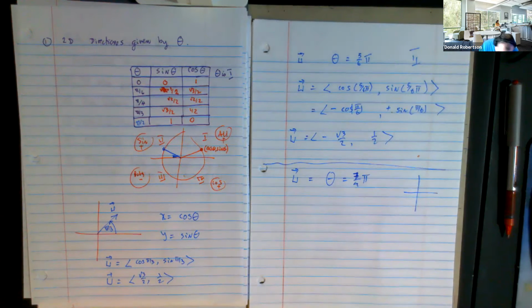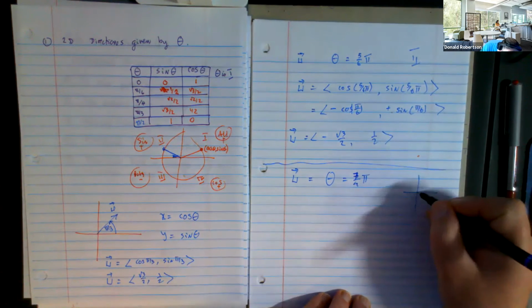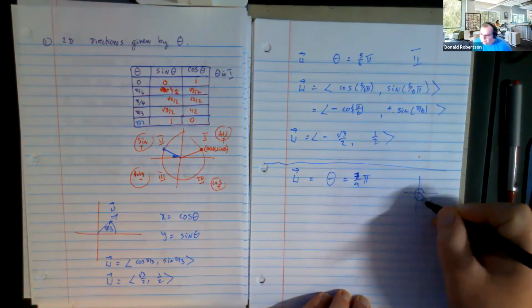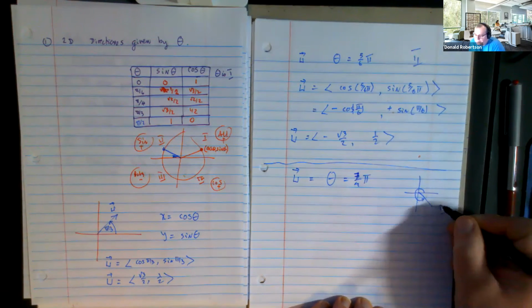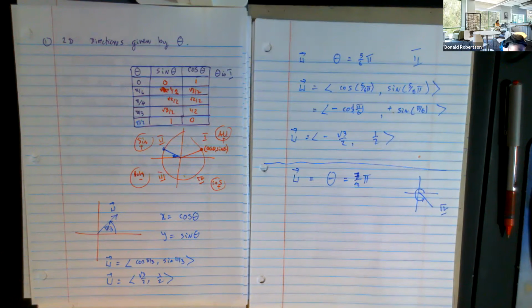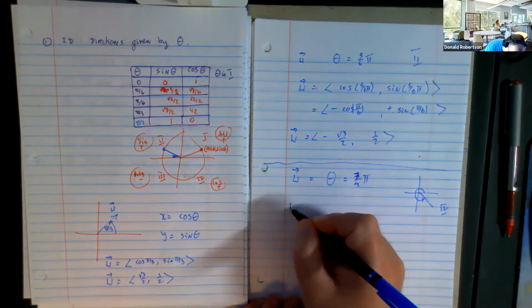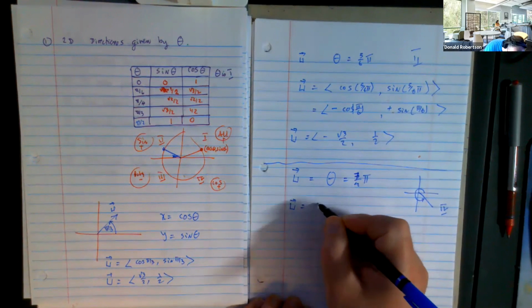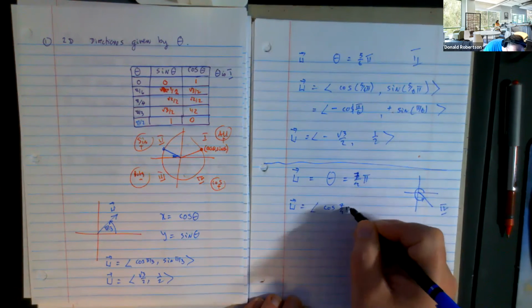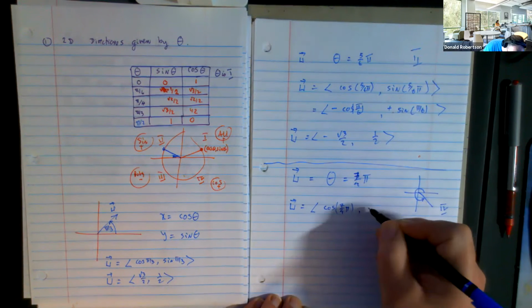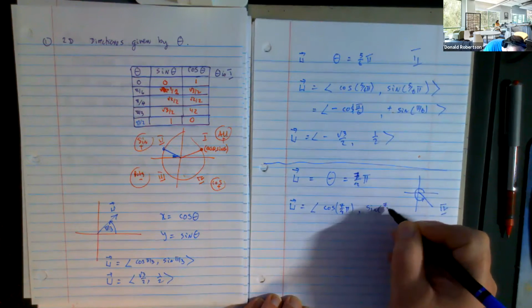Let's do 7/4 pi, which is over here, isn't it? Which means it's in the 4th quadrant. So when I look at this, it's going to be the cosine of 7/4, and it's going to be the sine of 7/4.